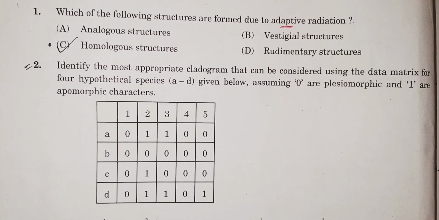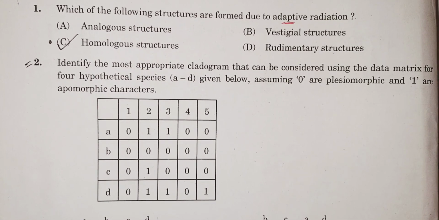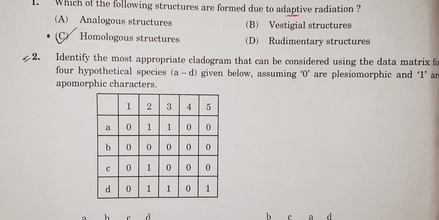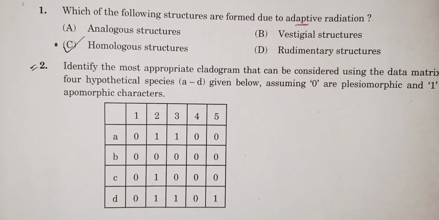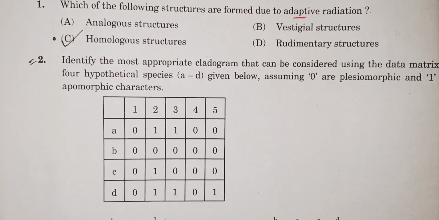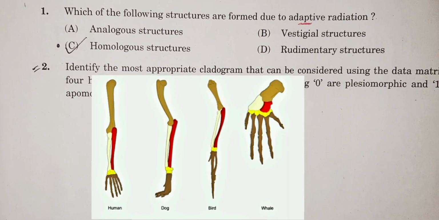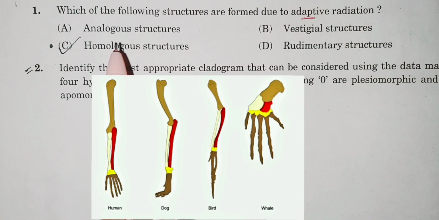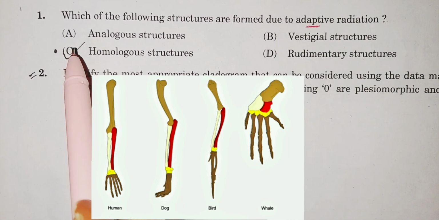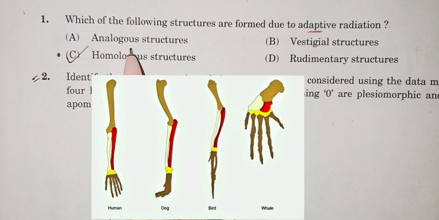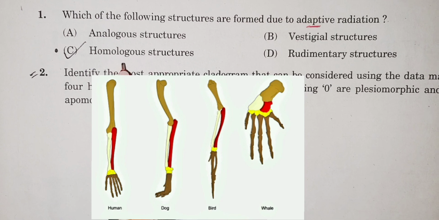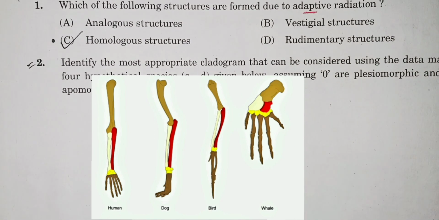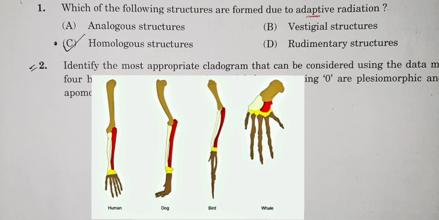As we have all studied before, adaptive radiation is defined as diversification from ancestral characters to get a better adaptive advantage to a particular place. Now, the given options are analogous structures, homologous structures, vestigial structures, and rudimentary structures.